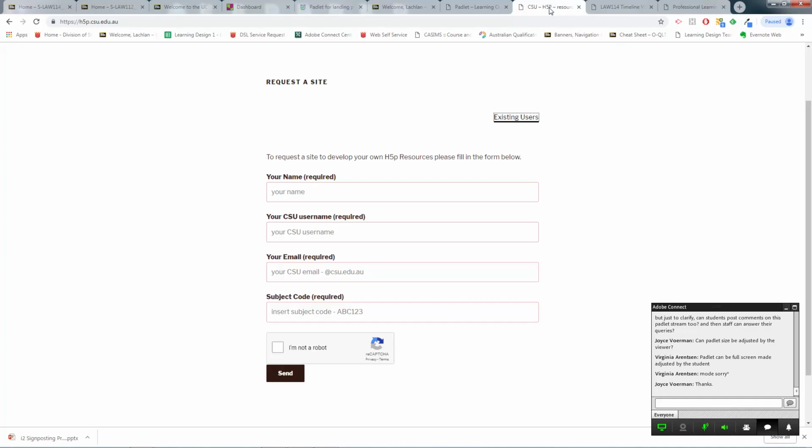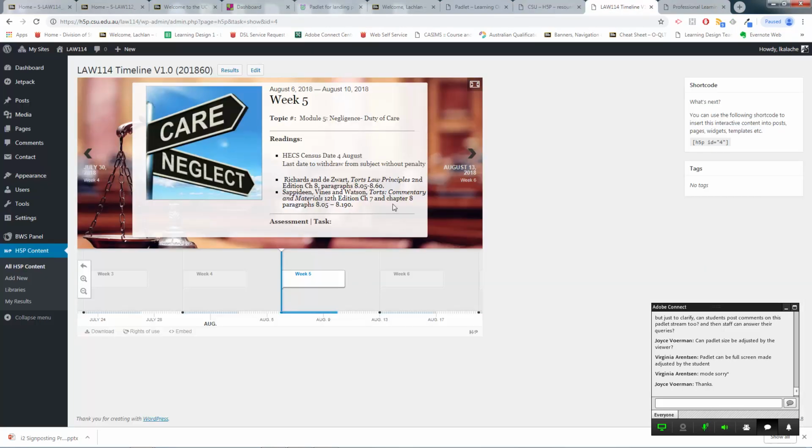generally, and that happens via this website, the CSU H5P site. I've put the link to that in the link share in our meeting room, but I'll also send it out as part of the slides for this. Basically, that process starts with you requesting that your subject get a H5P resource associated with it, and then you and other collaborators, for example, will be able to edit that timeline if necessary.